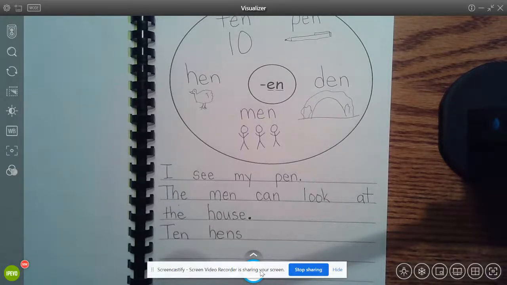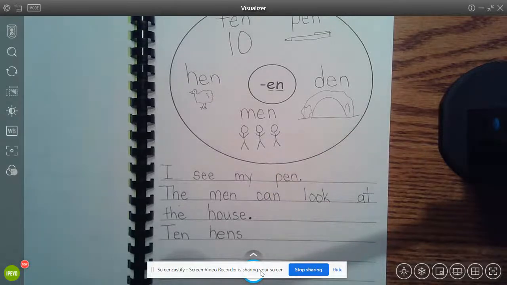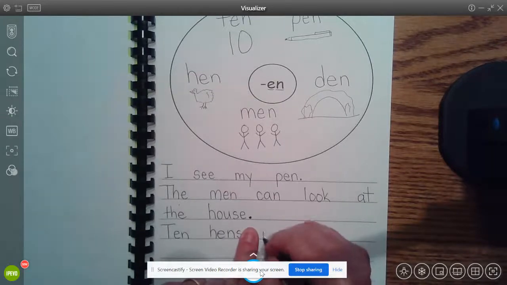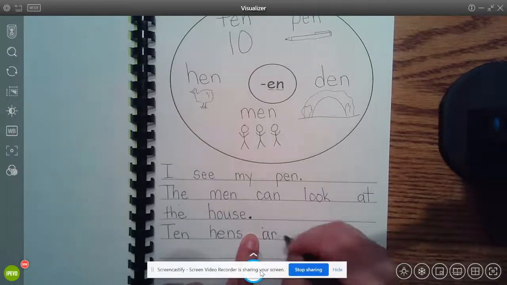What could ten hens be doing? Ooh, we already used pen as my pen. How about if we had ten hens in the pen? Let's do it. Ten hens, leave a space. Whoops, we better add, before we say in, we better say R, A-R-E.